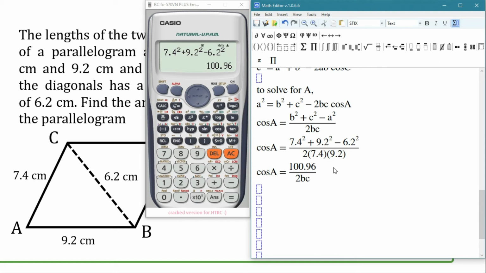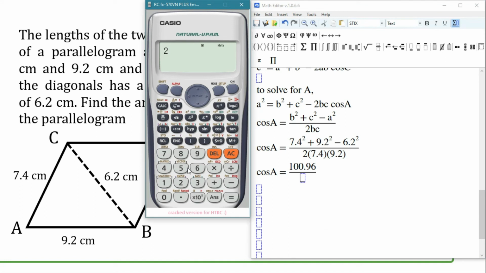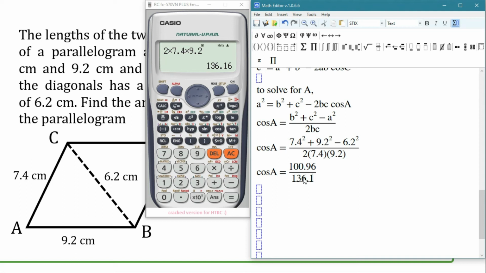And then yung baba naman, that is 2 times 7.4 times 9.2. Alright, so we have here 136.16. So we have 136.16.